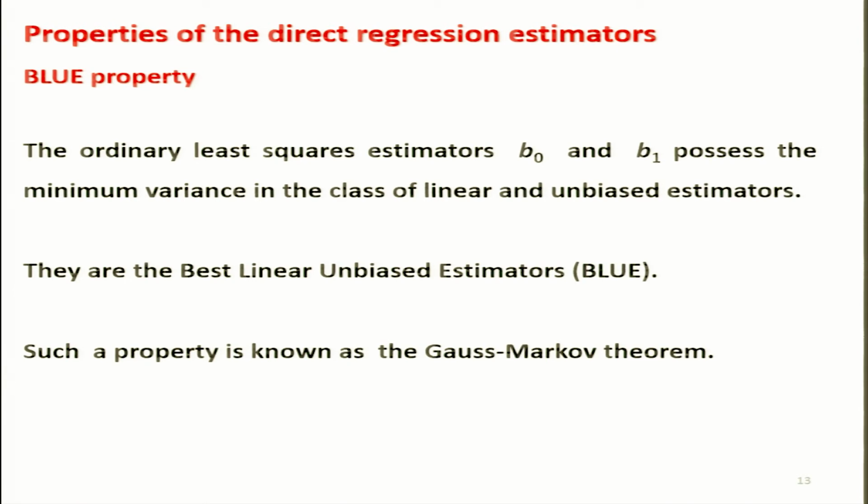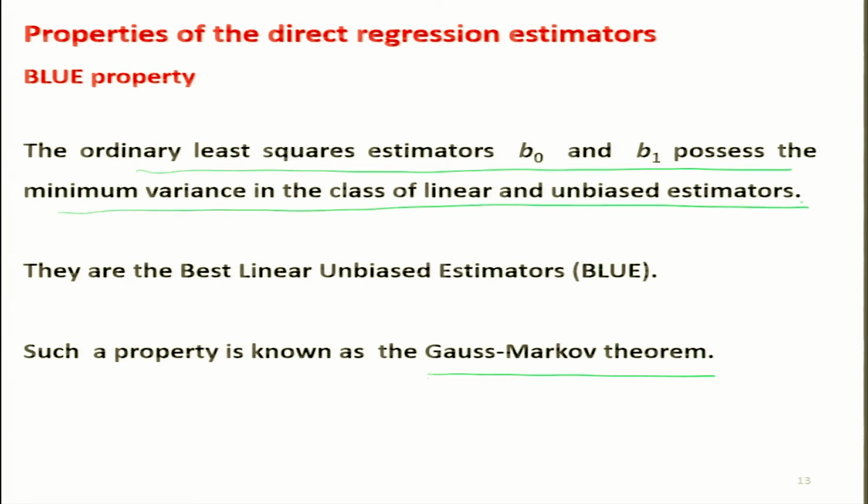This is called the BLUE property, and this property is also mentioned as the Gauss-Markov theorem, which states that the ordinary least square estimators B0 and B1 possess the minimum variance in the class of linear and unbiased estimators. What does this mean?